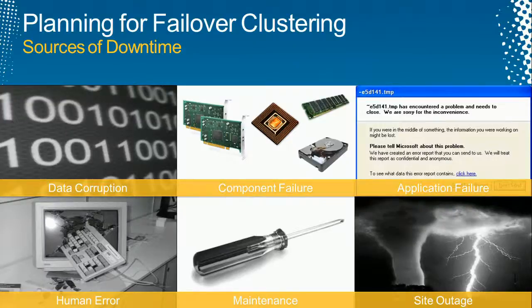Human error: I powered off a server and I didn't mean to. Then there's also the maintenance. That would be the planned downtime that you have in your environment, whether it's once a month that you do your patching cycles or maintenance, you need to do some quick deployments of some security updates, as well as a site outage.